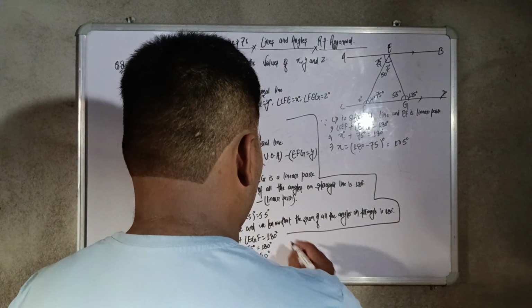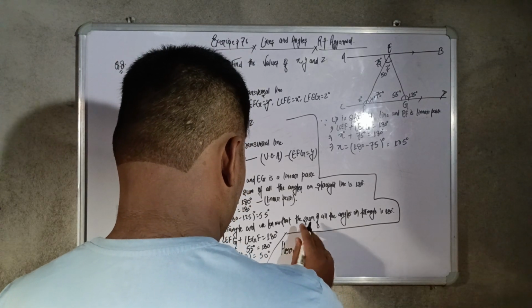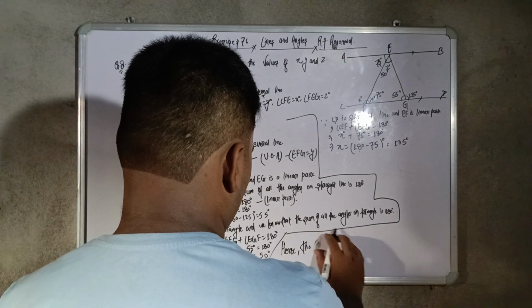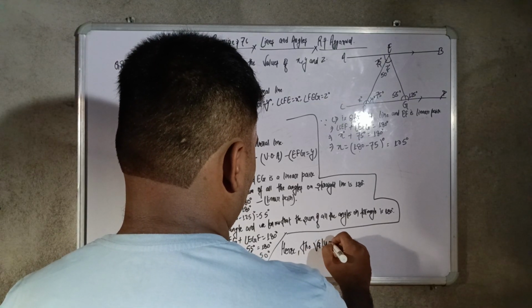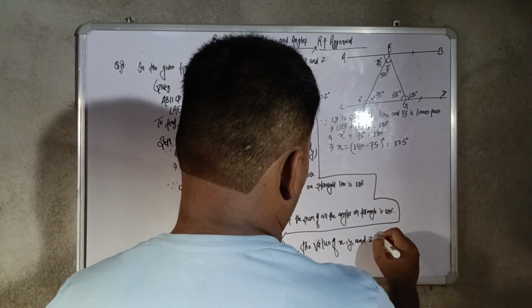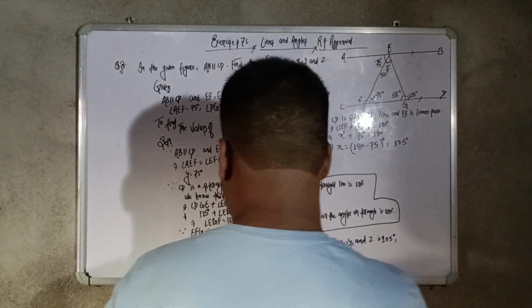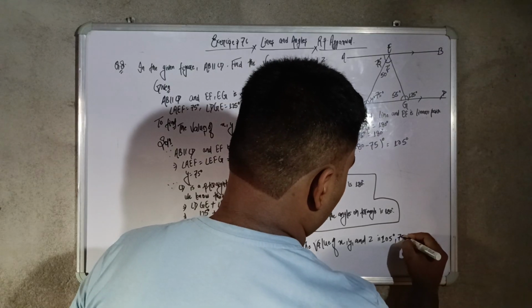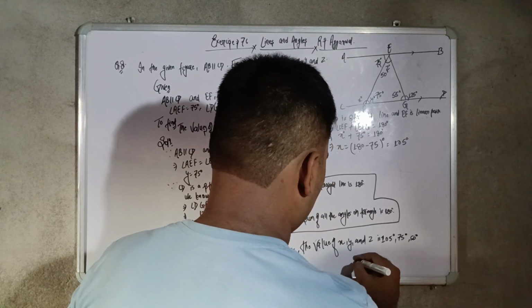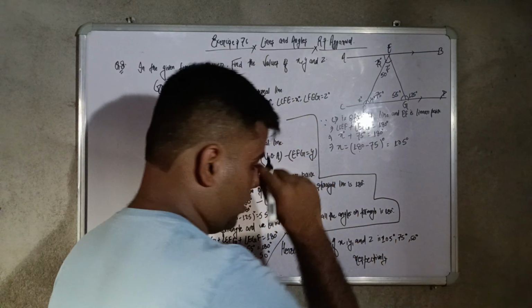So we write here: hence the value of x, y and z is 105 degrees, 75 degrees and 50 degrees respectively.